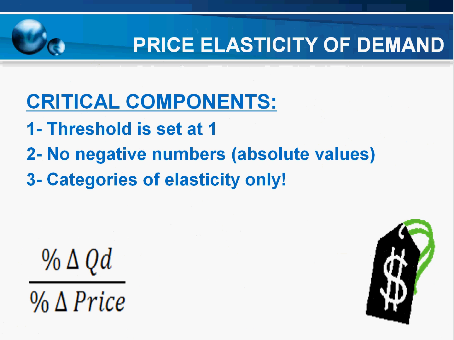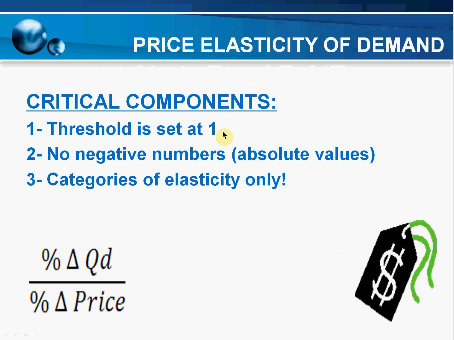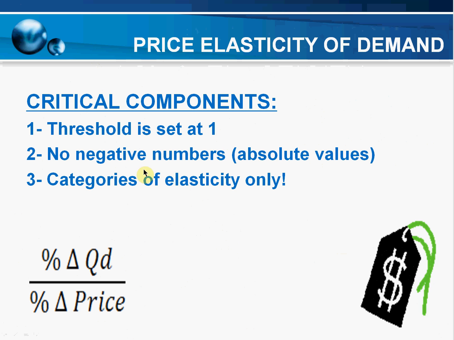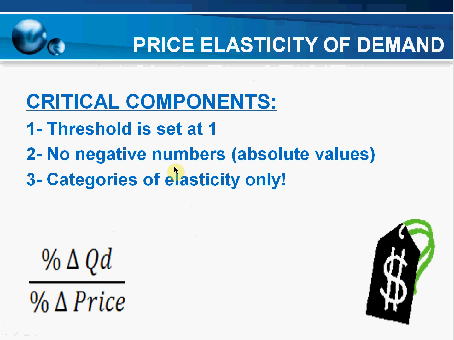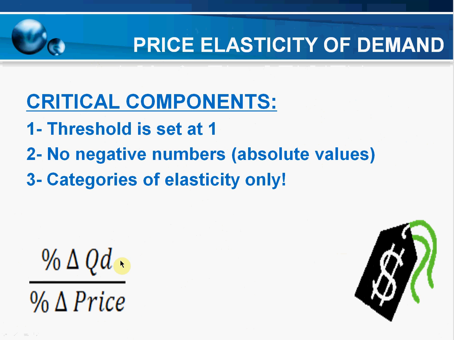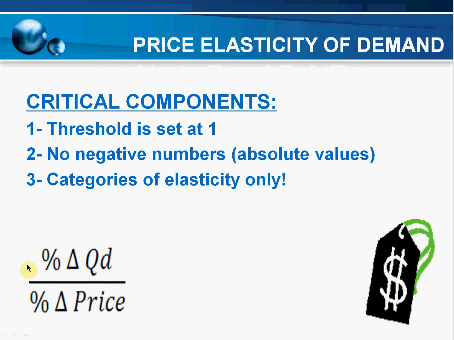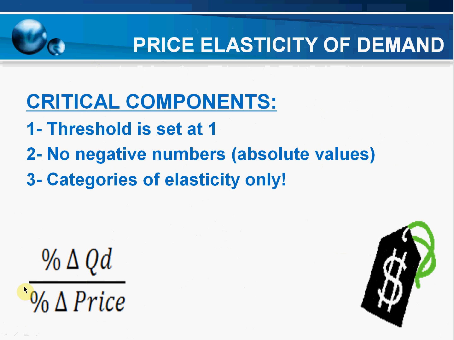Critical components to price elasticity of demand are as follows. Number 1, the threshold again is set at 1. Number 2, there are no negative numbers. Now, the reason why this works is the following. Economists believe in the law of demand, which states that when the price goes up, quantity demand goes down. If quantity demand goes down, that would give this a negative number, which would consequently result in a coefficient or answer that was also negative.